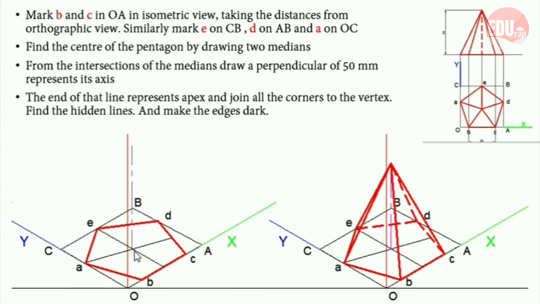From that, draw a perpendicular. Then with this much height, you will get the apex. From the apex, all the lateral edges will go to all the base points, right? So you need to draw OA, OB, OC, OD, OE, and out of that, some will be invisible, which you can imagine.